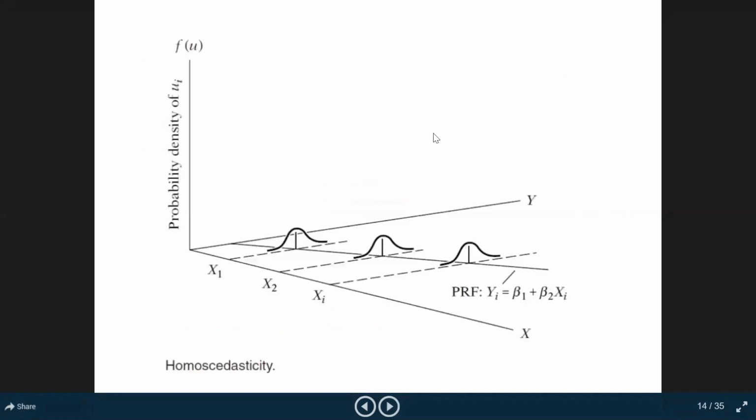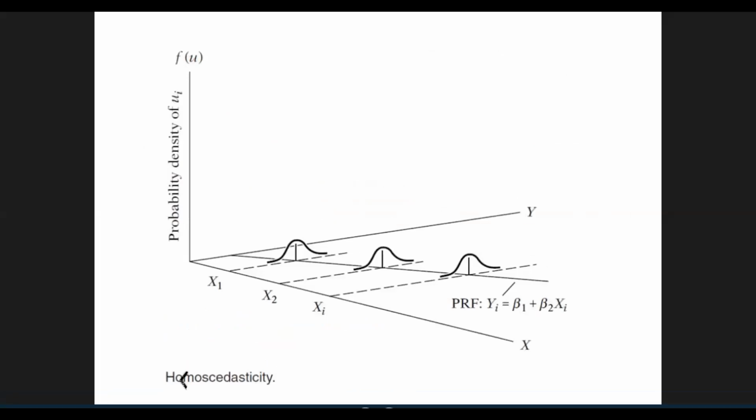We can also display it in the following figure. These are the values of x1. This is the variation.